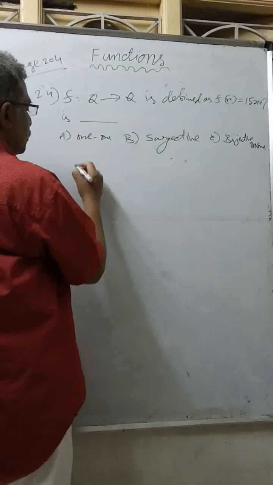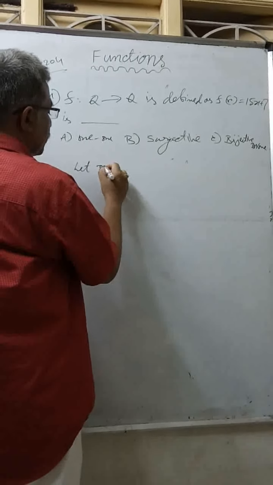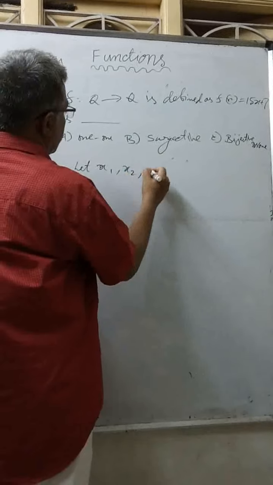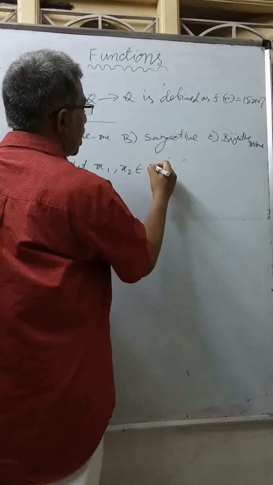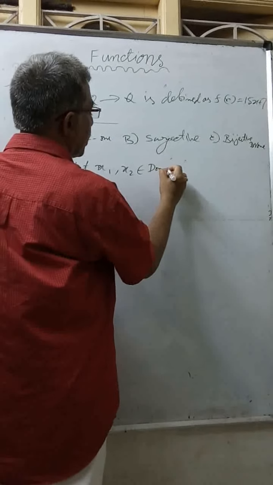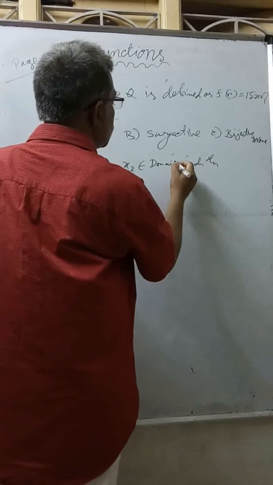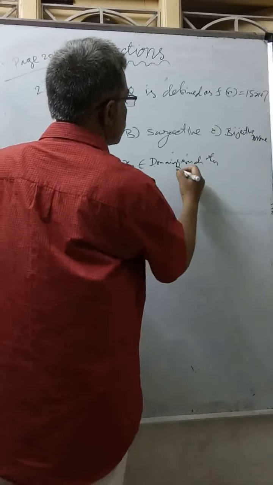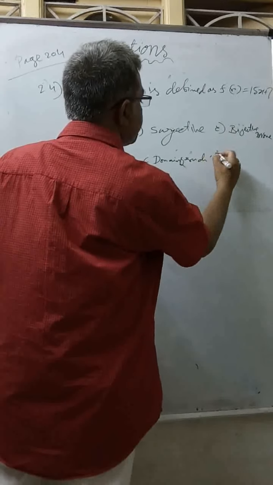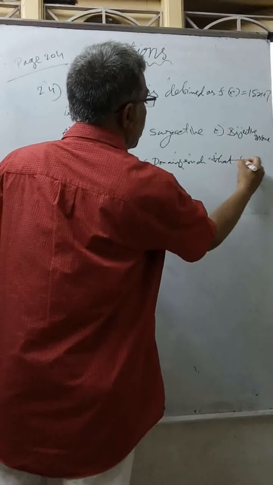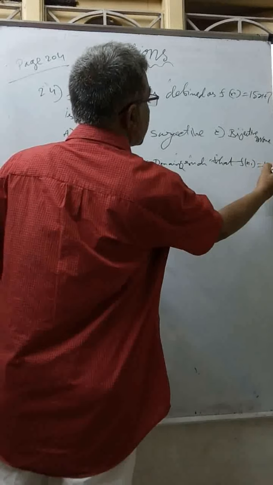F of x equal to 15x plus 7. Let x1, x2 belong to the domain, where the domain here is Q, such that f of x1 equal to f of x2.